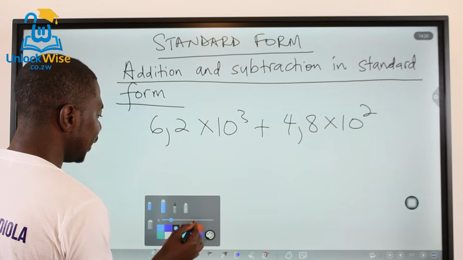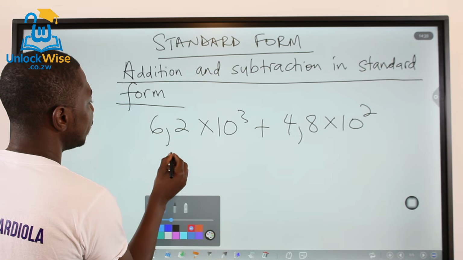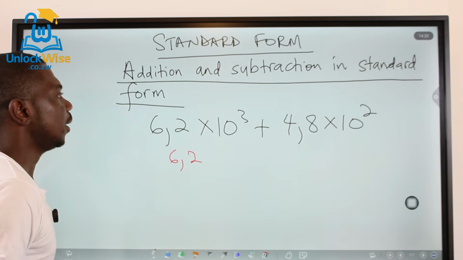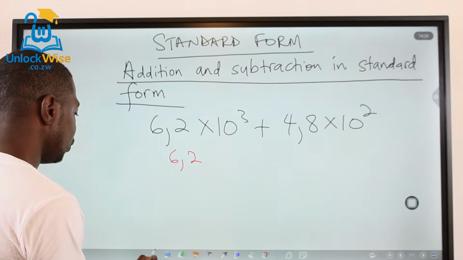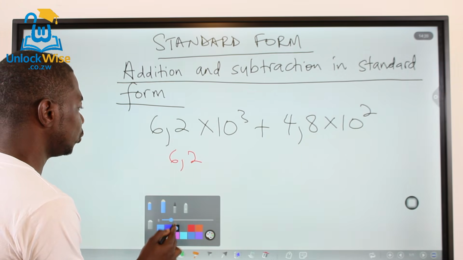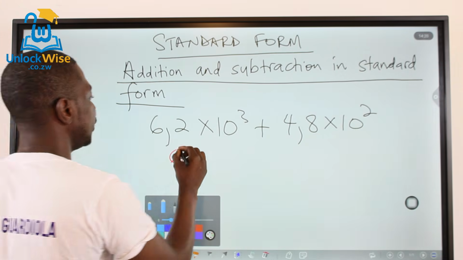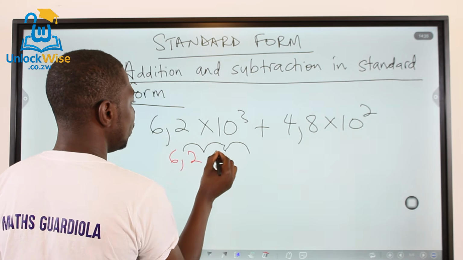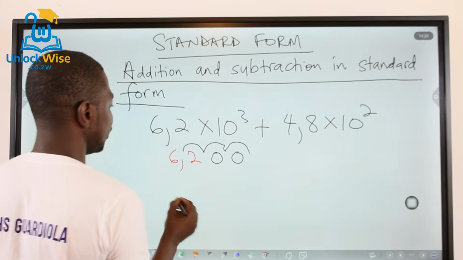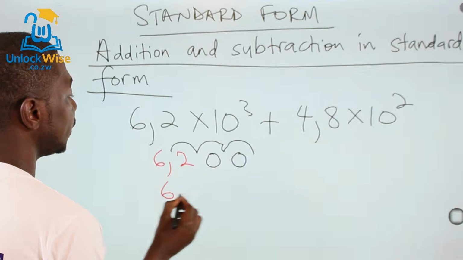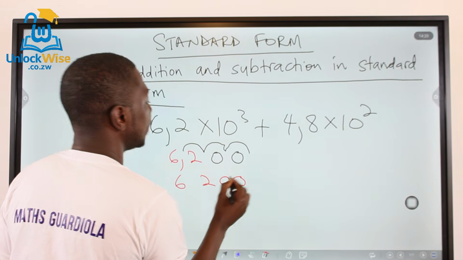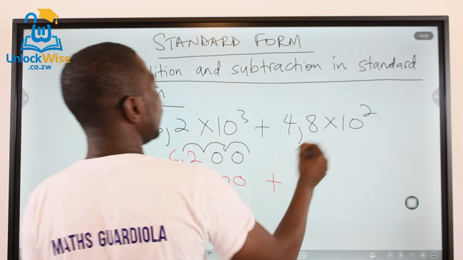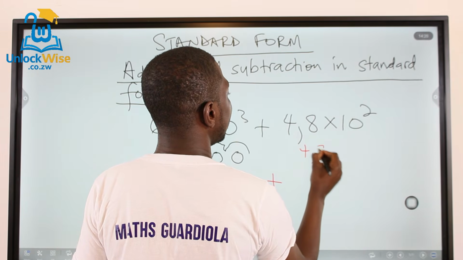How? I have just highlighted that. So we have 6,2. Because this one is positive, we will have to move how many times? 3 to the right. 1, 2, 3. So we'll put a 0 here, put a 0 here. So this becomes 6,200. And we are going to add it to, this is 4,8.